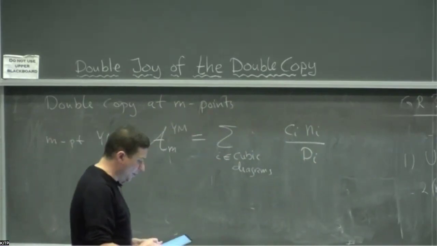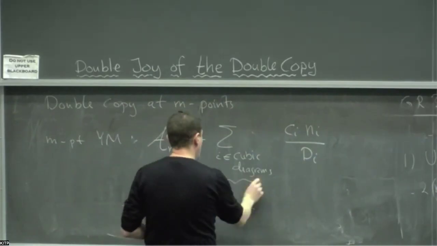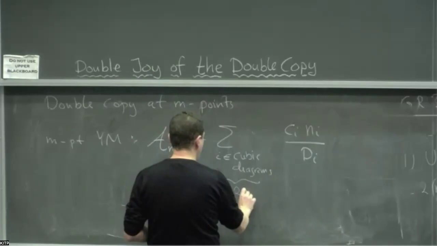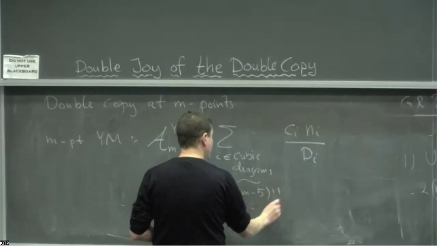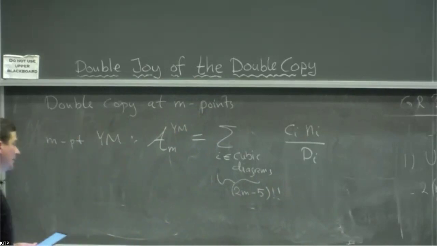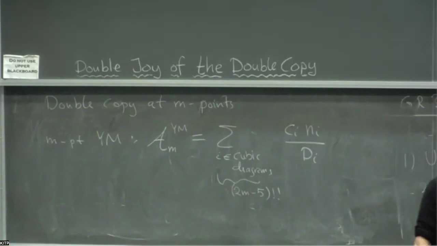You just have to solve for it. How many diagrams are there at tree level? That's (2m minus 5) double factorial. Sometimes you might have seen people counting diagrams in Yang-Mills, and it's very complicated, but it turns out when you turn them into cubic diagrams only, it's very simple to count them.